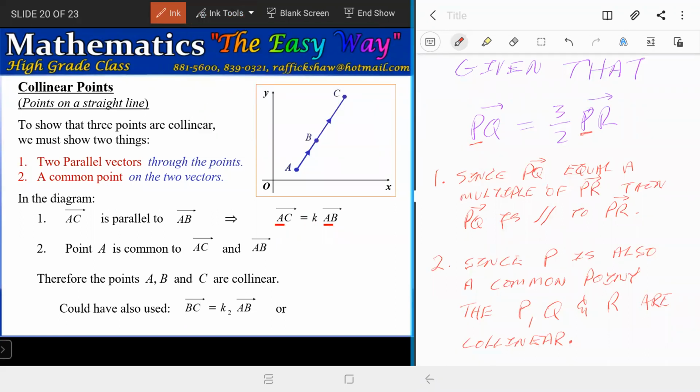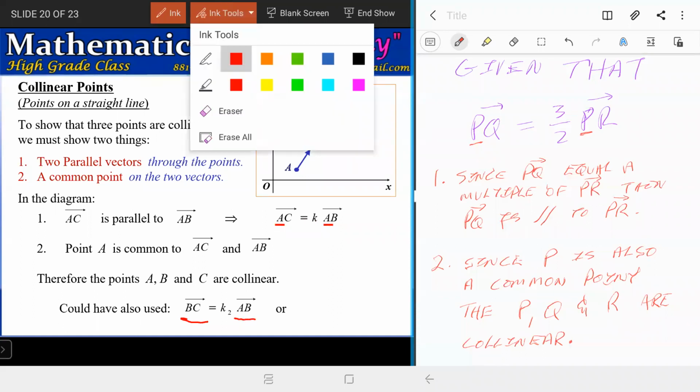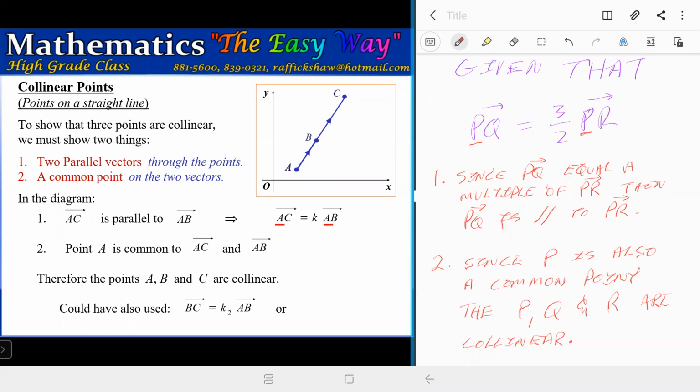Down here now, I'm using BC and AB. But this time, B is a common point. Or I can use AC and BC, and that time, C is the common point.